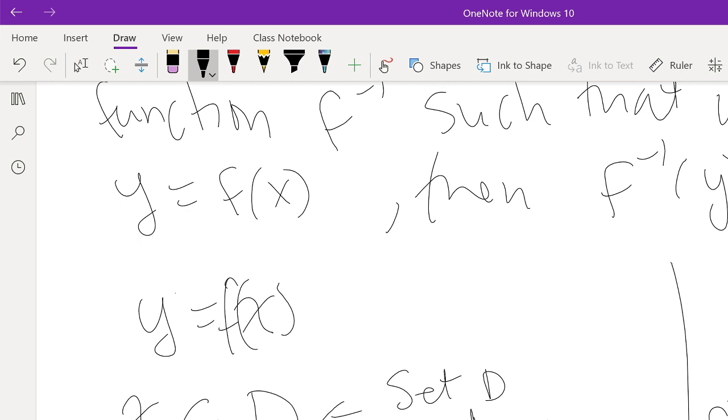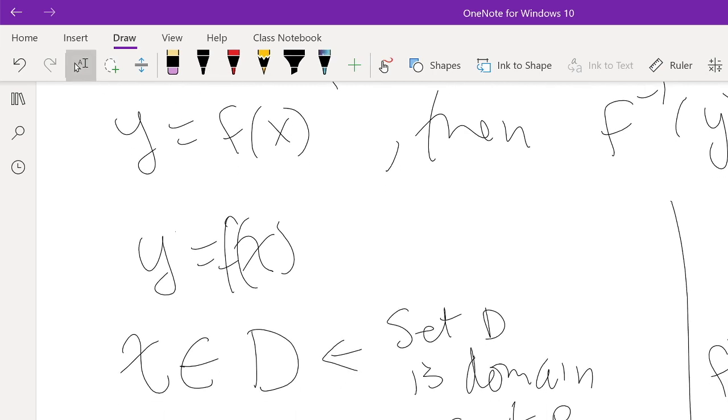And then f inverse of y, which is x, is an element in the set D. Essentially, the domain and range sets get flipped around. In this case, for the inverse, the set R is now the domain of the function, and now D is the range.